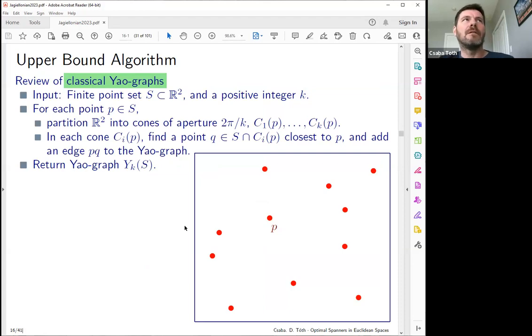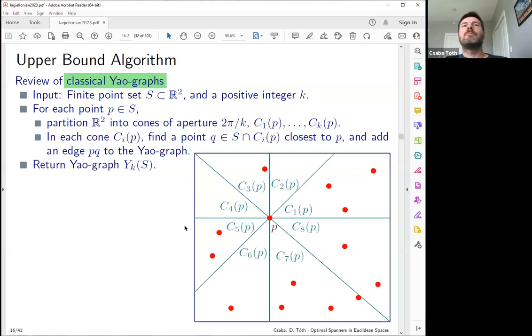But let me start with another classical construction that's similar to the theta graphs. It's really almost the same, but it's called the Yao graph, and I think it also goes back a long time ago.